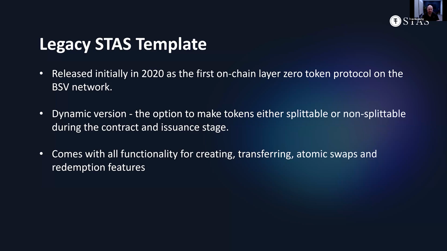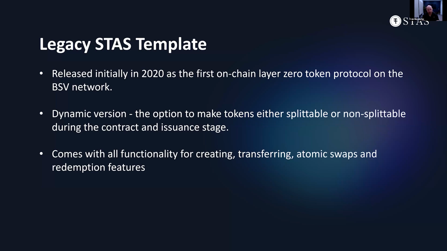So the legacy STARS tokens are a dynamic version, where you can make them splittable and mergeable or not by adding a small prefix to the token script. When I showed you the big script before with all the opcodes, there's actually an extra element between the redemption address and the token symbol, which is just the flags.